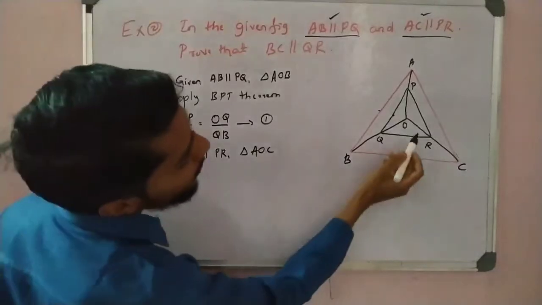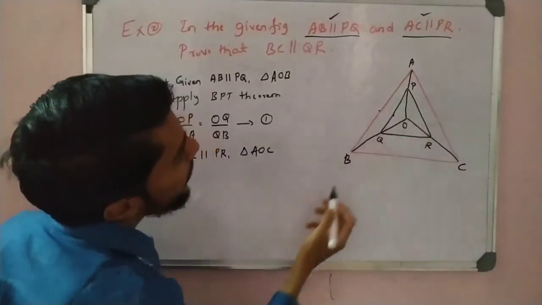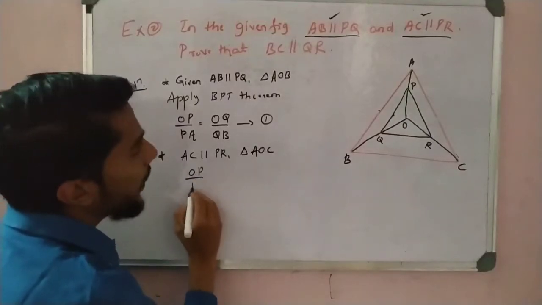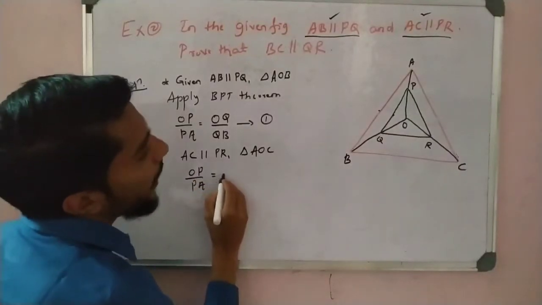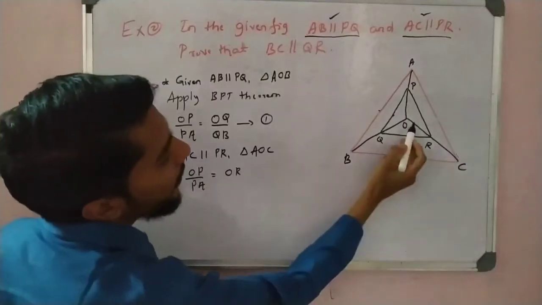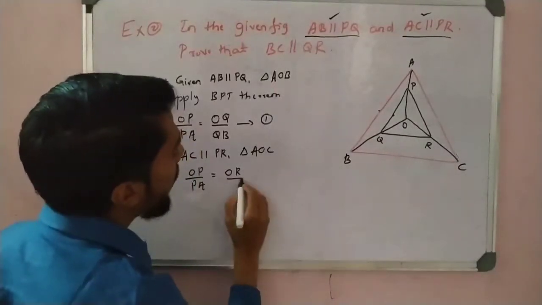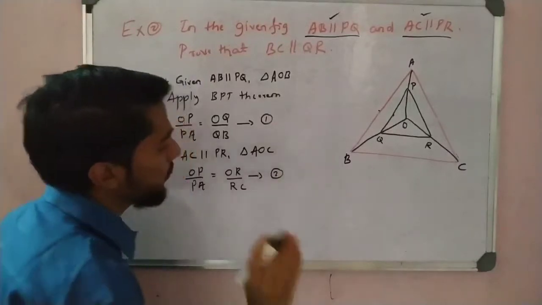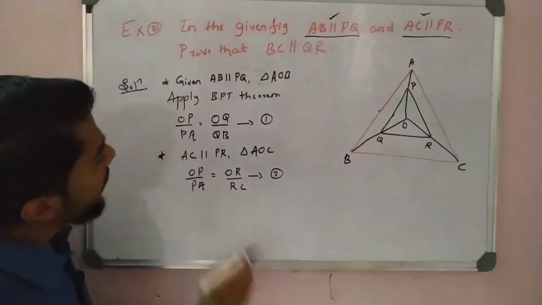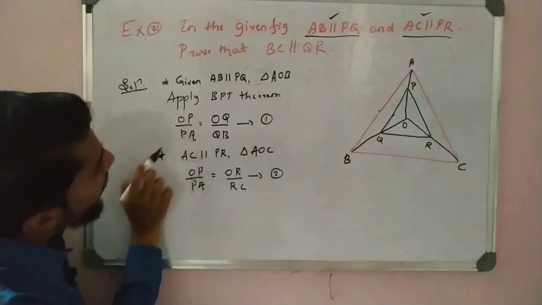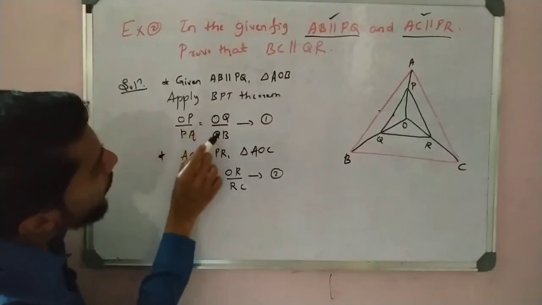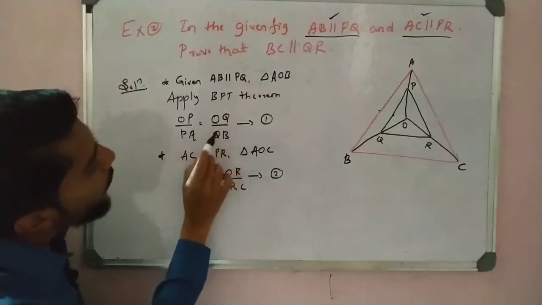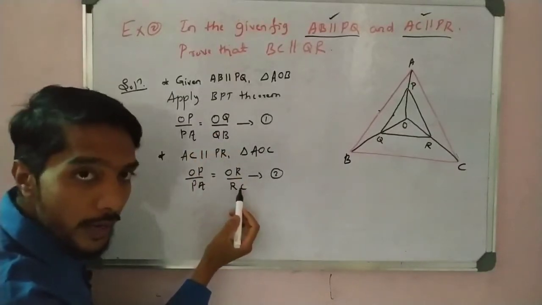If triangle AOC is selected, OP by PA and OR by RC, only RC, okay. Now see here, OP by PA is equal to OQ by QB, and OR by RC means OQ by OB is equal to OR by RC, correct.